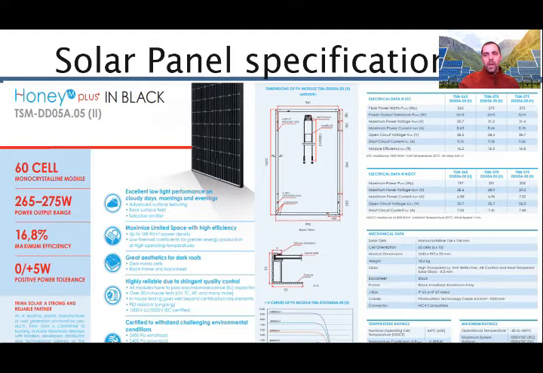With this in mind, I have taken some extracts from the specification sheet for a standard polycrystalline solar panel, Honey M plus 265 to 275 watt range, and highlighted key parameters. As you see, there are lots of parameters categorized in two main groups. These are the mechanical specifications and electrical specifications.